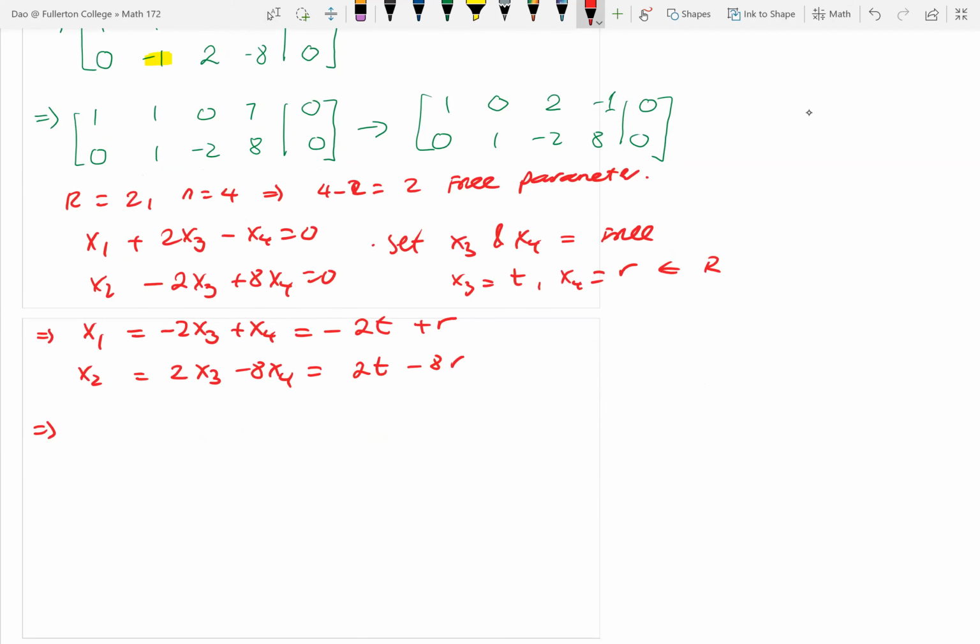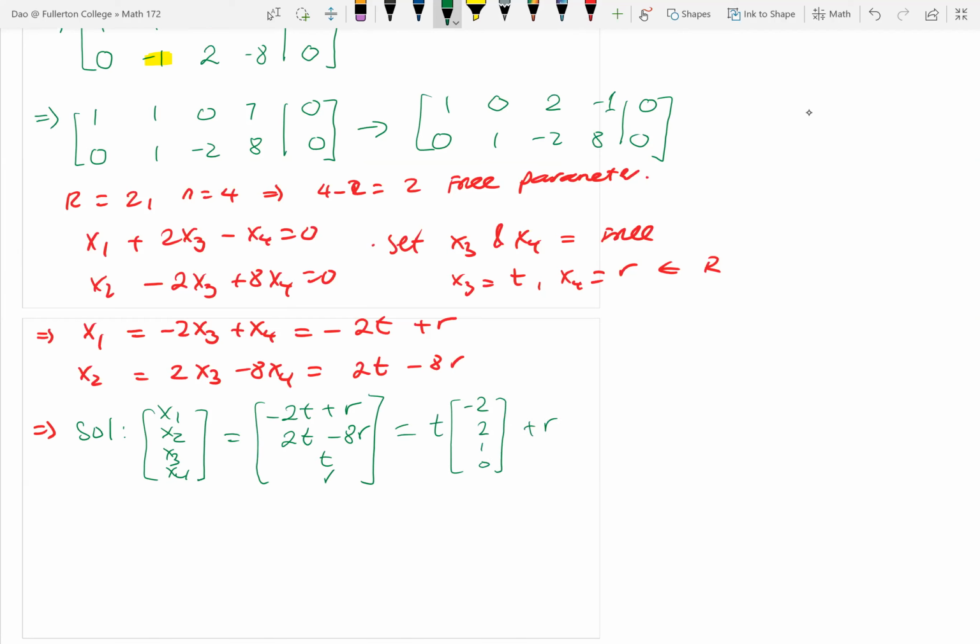So our solution x1, x2, x3, x4 will equal negative 2t plus r, then 2t minus ar, and then you have t and then r here. From this, take out the t, you get -2, 2, 1, 0.